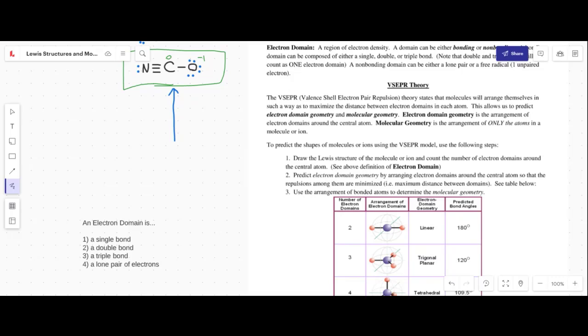It's 1. So how many electron domains are around that carbon? 2, exactly. In that case, you could count on that molecule being what shape? There's 2 electron domains, that means it's going to be linear. Very good.